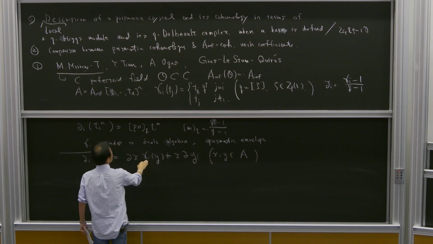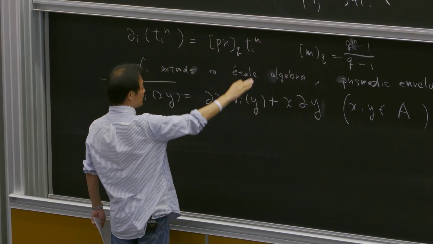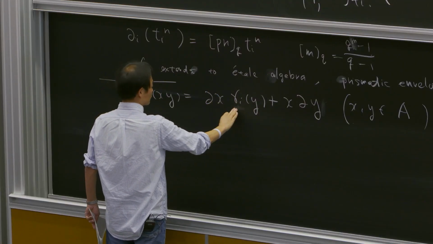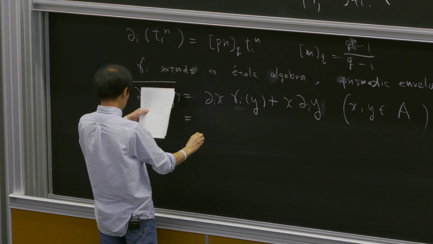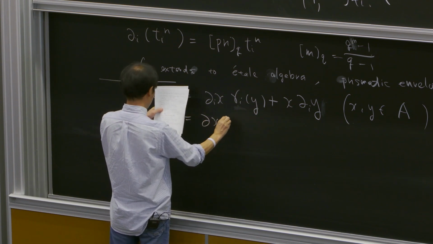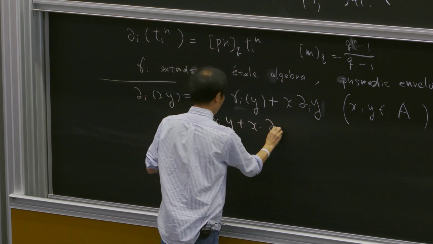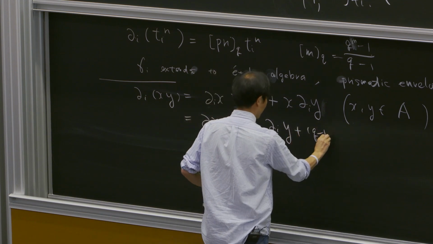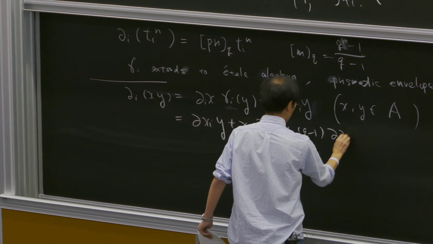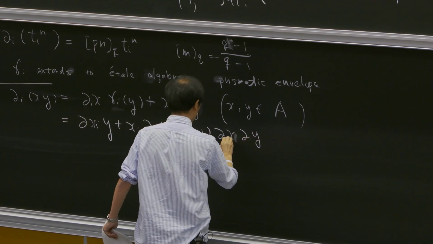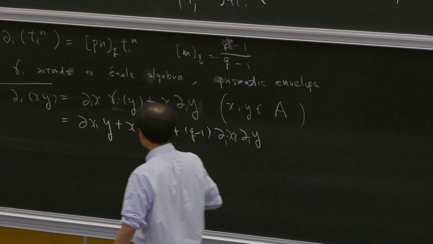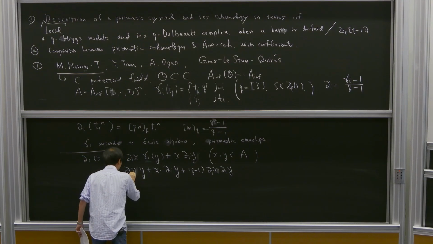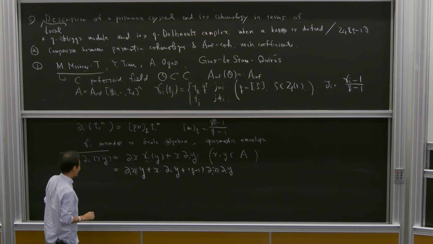And by definition, gamma_i is described in terms of this derivation. So then you get this.